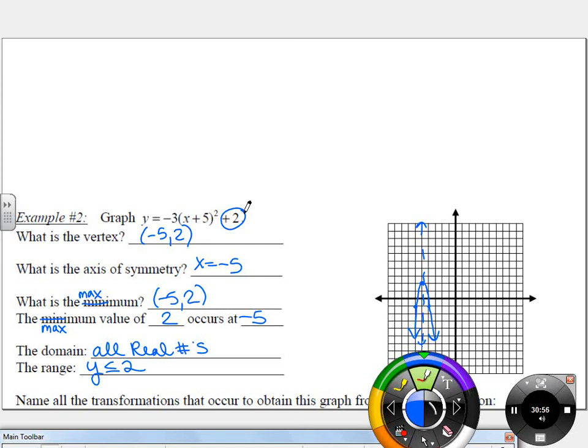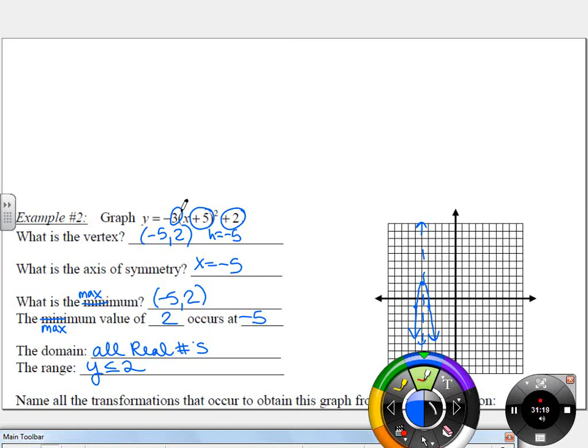Okay, another one. Claire. Good. It translated to the left 5 units because h is equal to -5. All right, what else? Dana. Good. It's stretched vertically by a factor of 3.